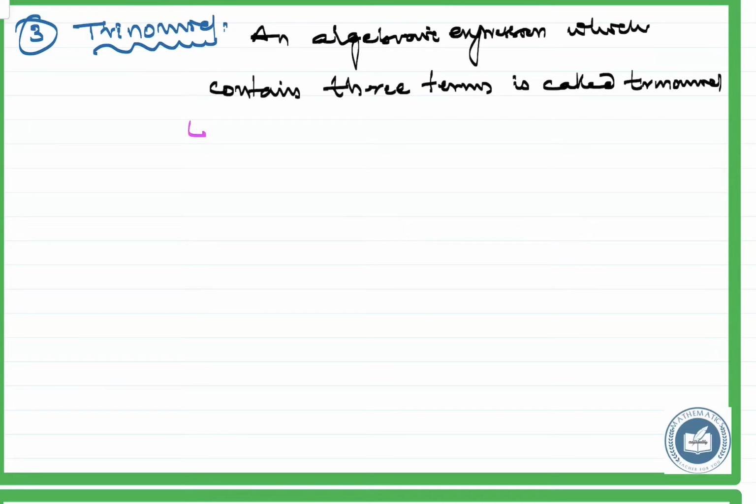For examples: 3x plus y plus 7. How many terms are there in this expression? Three terms. Similarly, x square, y square, z square.